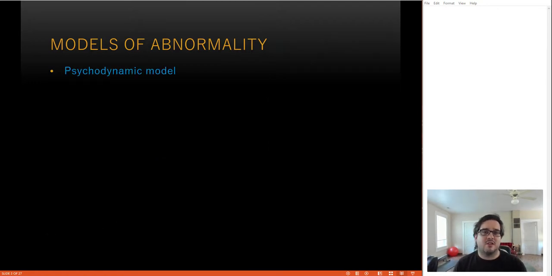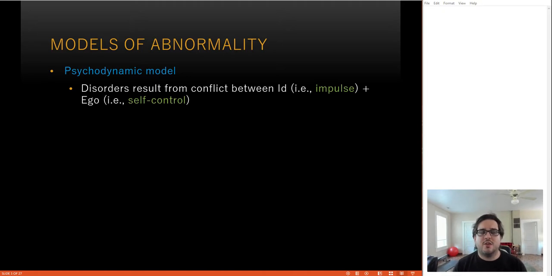Moving away from biology a little bit, some of the older models emphasize certain psychological capacities or things that are harder to see within the brain as it's doing its job. One of the earliest models attempting to describe psychopathology was the psychodynamic model. And psychodynamic should trigger a certain name within your mind, Sigmund Freud, who was worried about early life experiences as well as unconscious experiences.